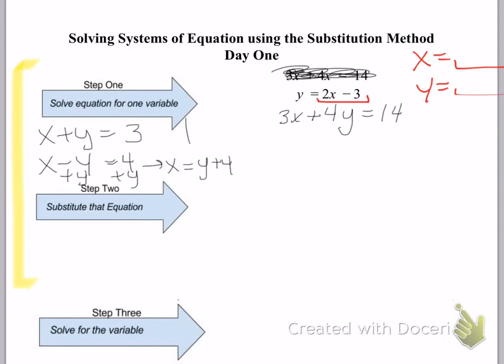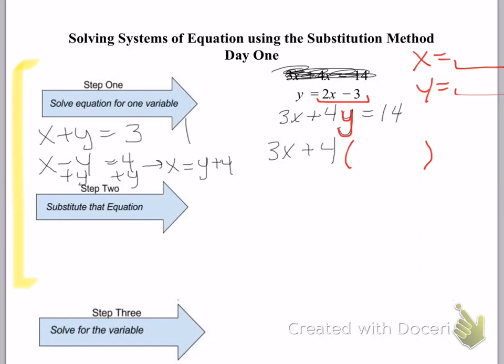So our next thing to do is step 2, which means you need to substitute it in the equation. Since our first one is y equals, we want to substitute that 2x minus 3 in for y in our second equation. So we'll have our 3x plus 4. Now here's the substitution part. You're putting in parentheses.